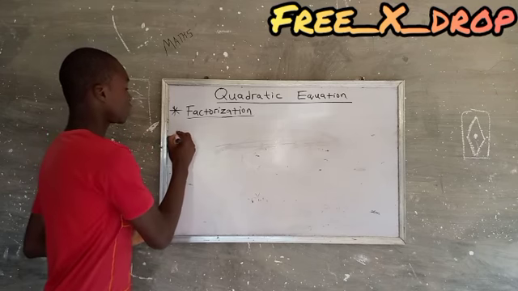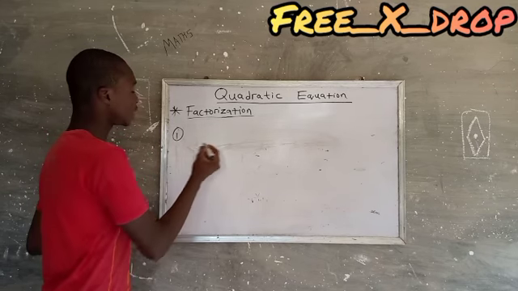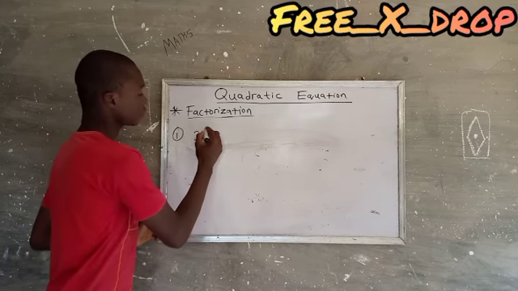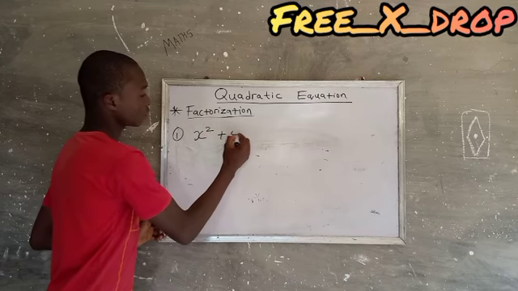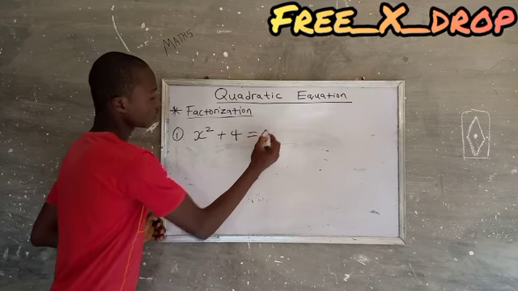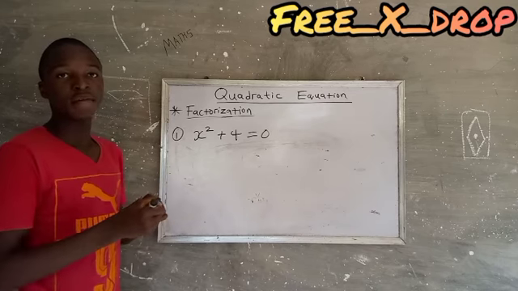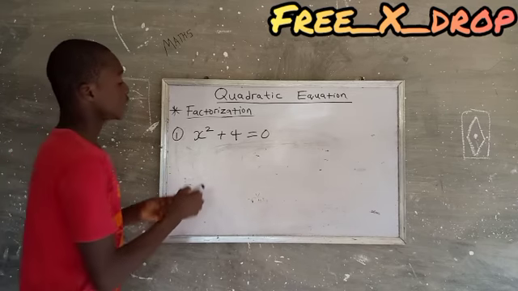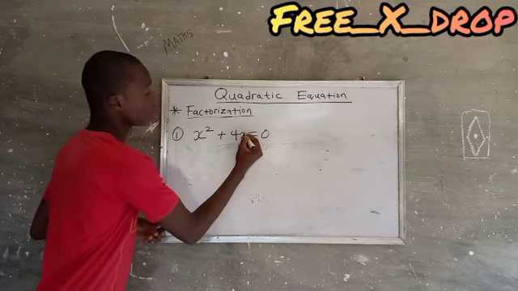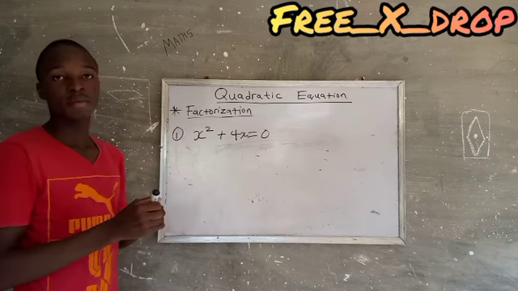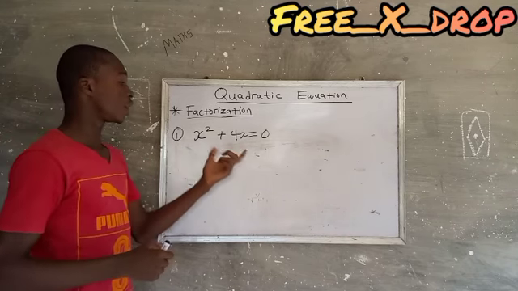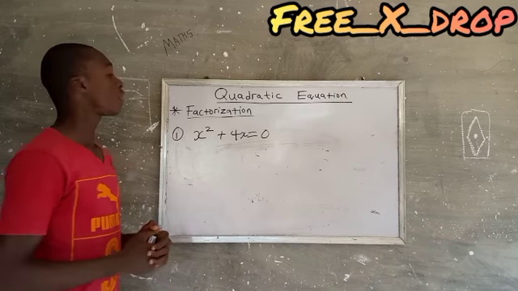This is case 1, where you have a question like this. They said x squared plus 4x is equal to 0. Like I told you, we are going to factorize.